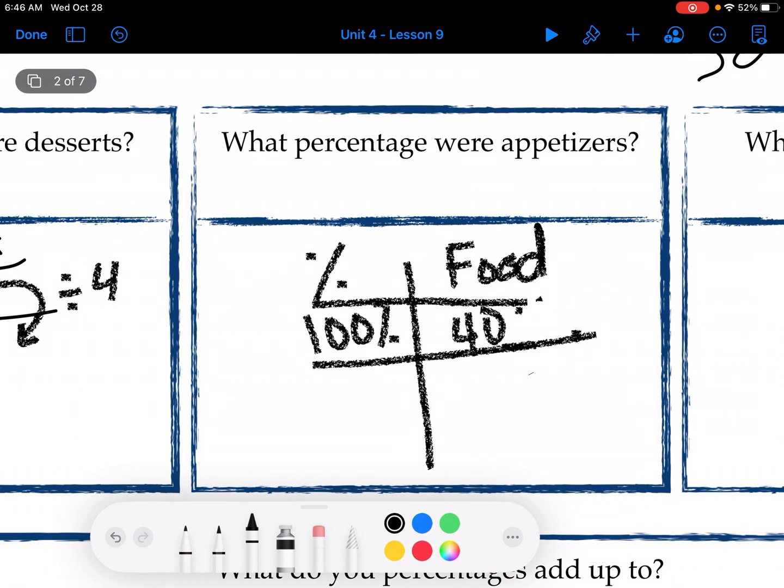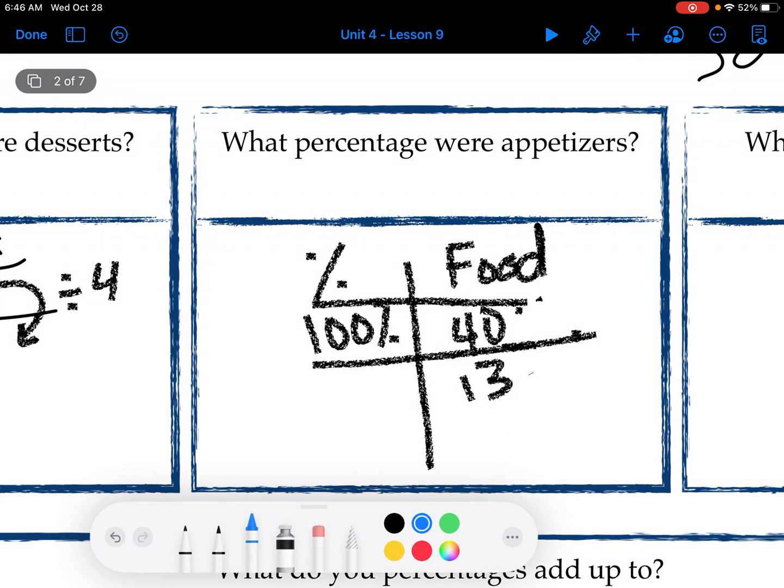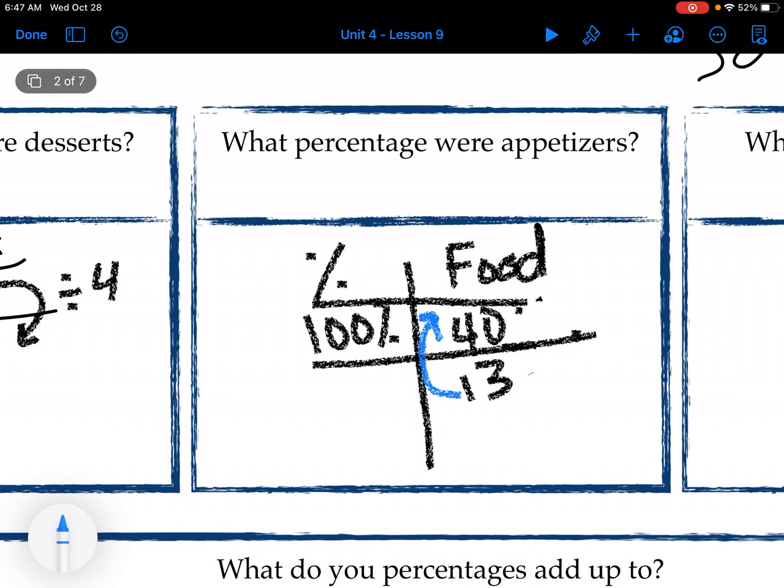How do I get from 40 to 13? 40 divided by 13 gives 3.076.